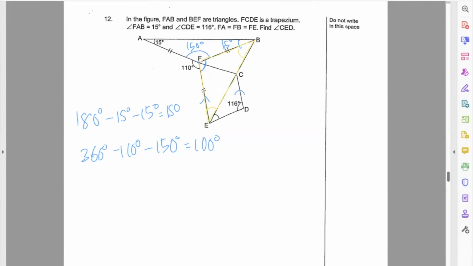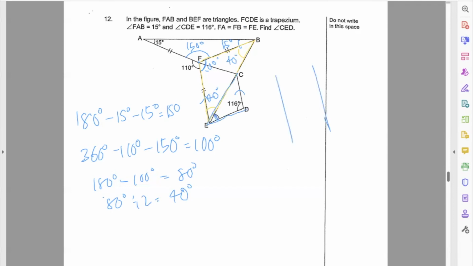For the bottom of the isosceles triangle, 180 minus 100 degrees, which by the way is 100 degrees, and the answer is 80 degrees. 80 degrees divided by 2, 40 degrees. So this is 40, this is also 40. Now, the question is find angle CED. So you're looking for this angle.